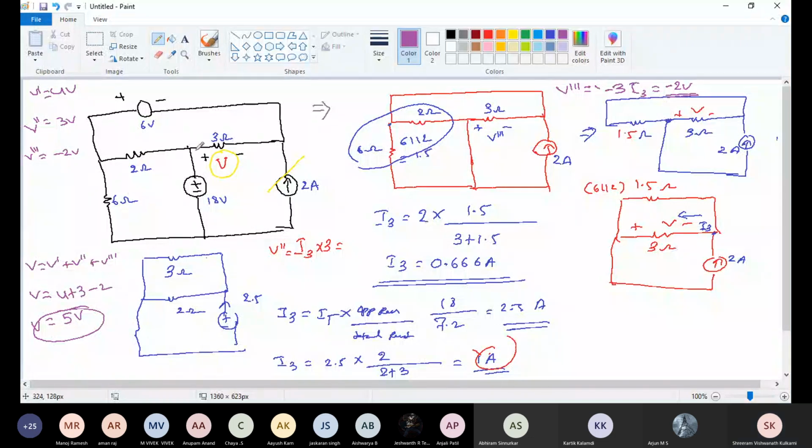So according to the superposition theorem, V dash plus V double dash plus V triple dash, due to 6 volt, due to 18 volt, due to 2 ampere, that is 4 plus 3 minus 2, total is 5 volts.